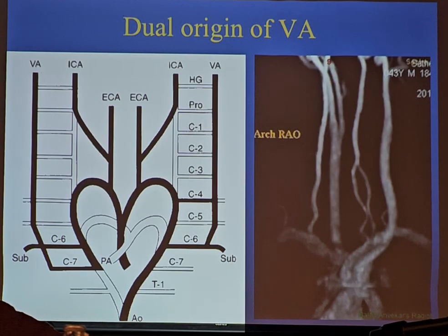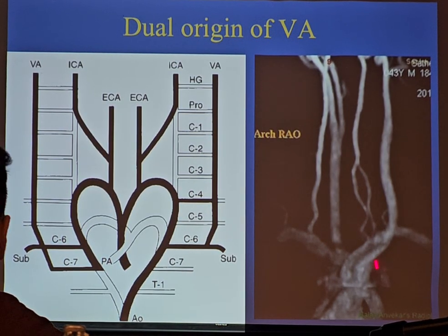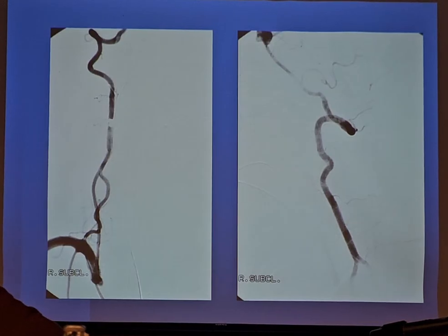Sometimes you've probably seen double vertebral artery origins. One of those is supposed to regress, but did not regress and persists, making connections this way. So you see the double origin of the vertebral artery. This is another example.